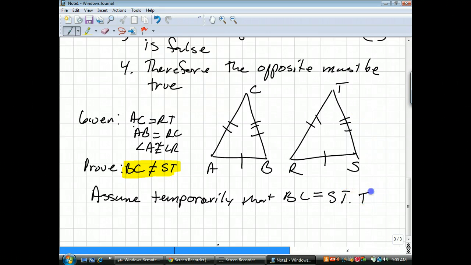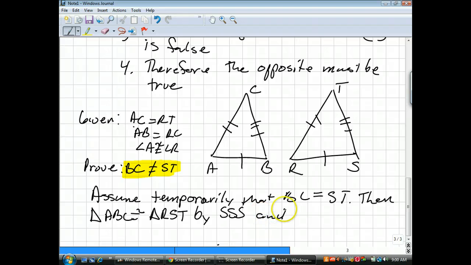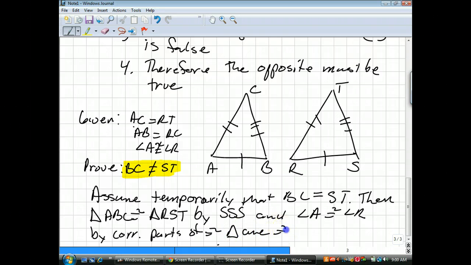Well, if that's true, then triangle ABC has to be congruent to triangle RST by side, side, side. And then angle A has to be congruent to angle R by corresponding parts of congruent triangles are congruent.